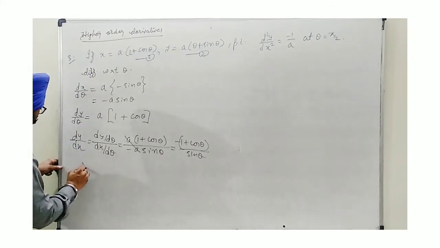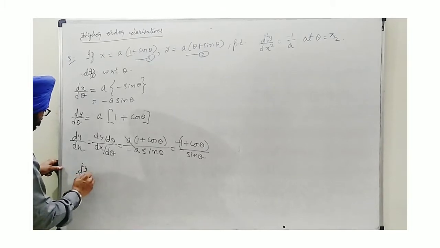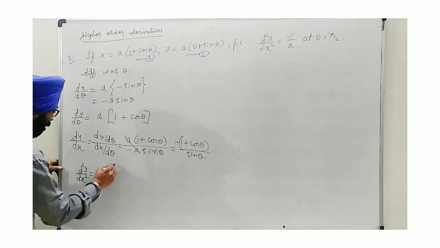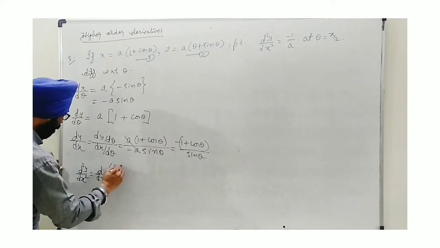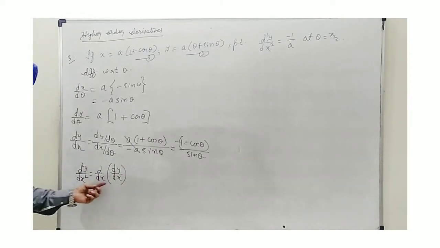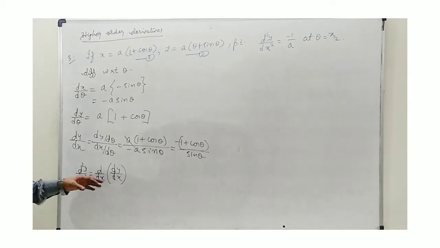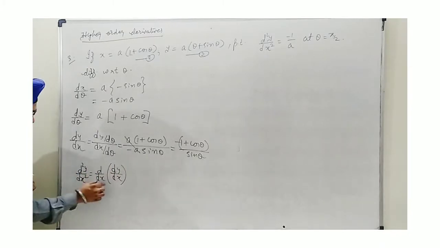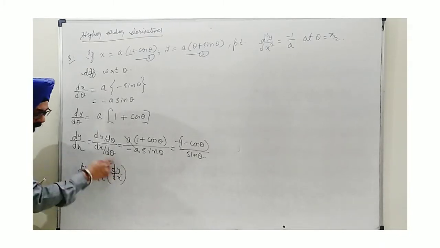To find it, d square y by dx square will be d by dx of dy by dx. Whenever it is a parametric function, I generally write this form. And I do my best to write in all the forms. The reason is, in parametric we will be alert that we need to put the value of dy by dx first.